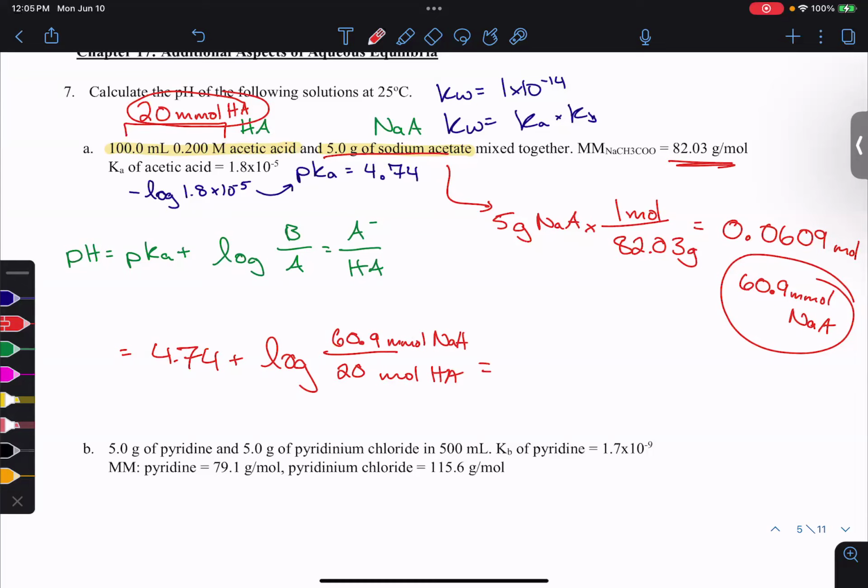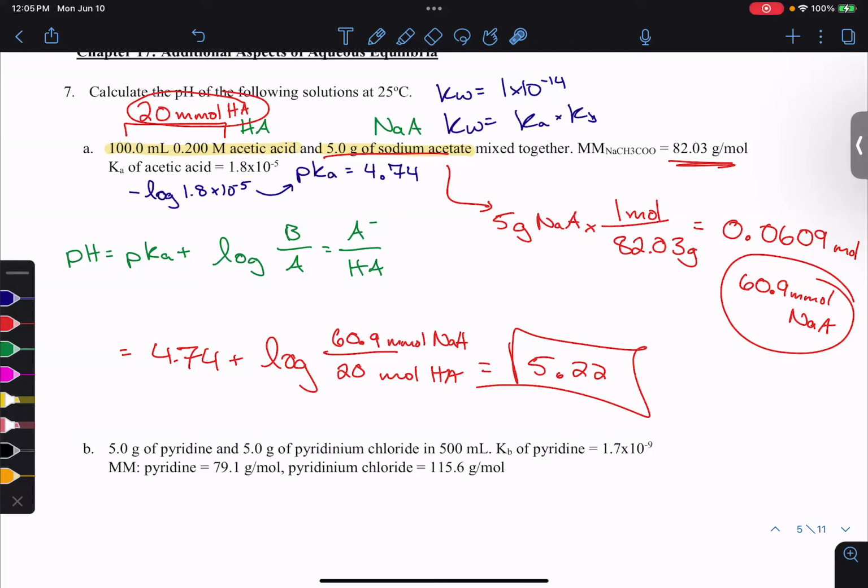I forgot my key. 4.74 plus that number is 5.22. That's the pH I got. But the hard part is getting that base to acid ratio and recognizing that what you are adding is an acid and its conjugate base directly.